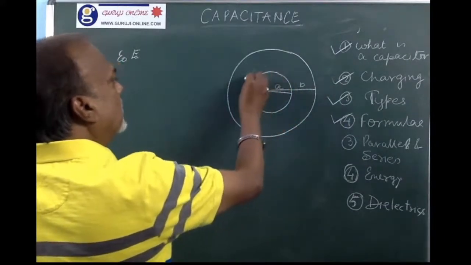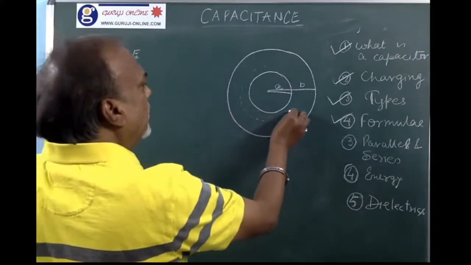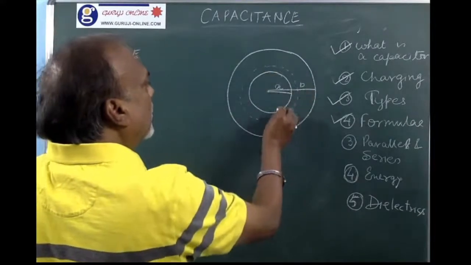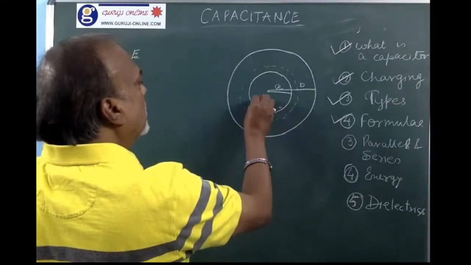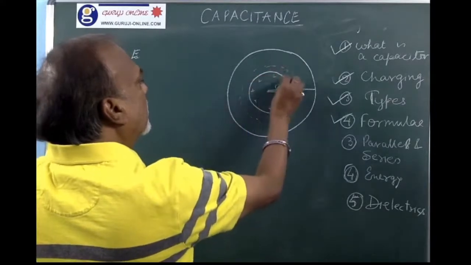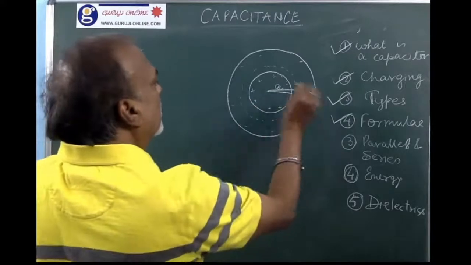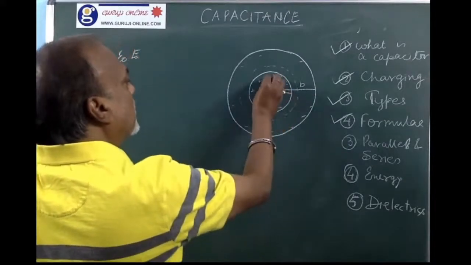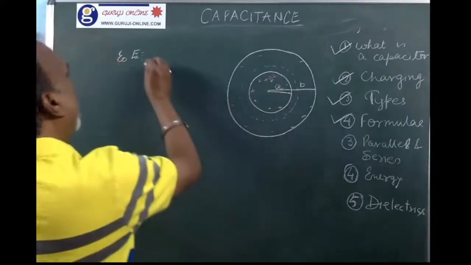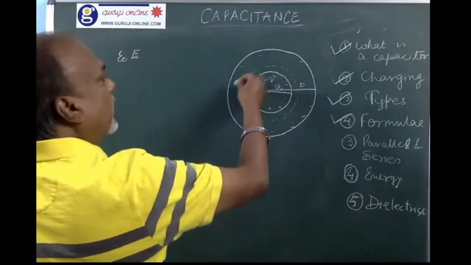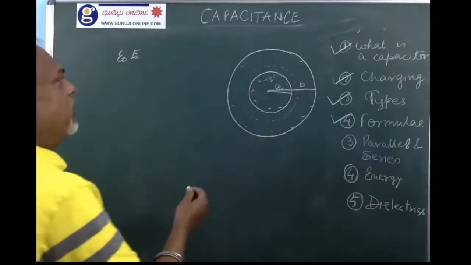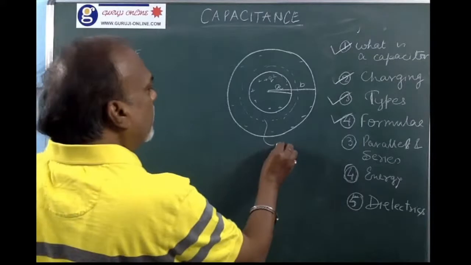Suppose this is the Gaussian surface. This is plus, minus, correct? So this is the charge enclosed, and this is a Gaussian sphere basically.